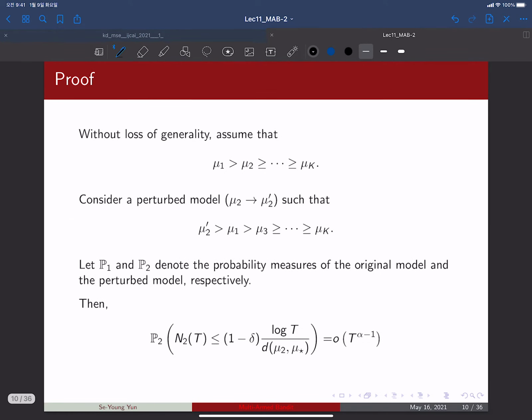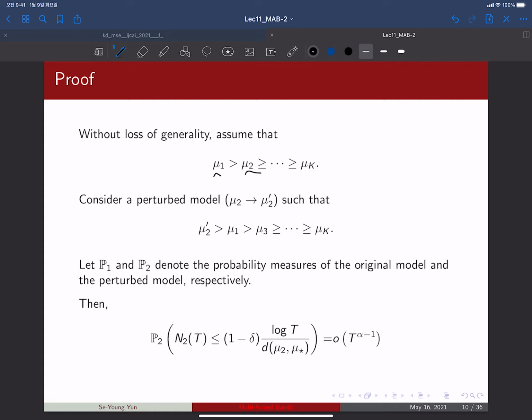Okay. So how do we show such a lower bound? The lower bound proof is interesting, I think. Without loss of generality, assume that all the arms are sorted by expected reward. So mu1 is the largest one, and then mu2, mu3, and so on up to mu_K. And consider a perturbed model. So this is not the original model. We change a little bit on the hidden parameter.